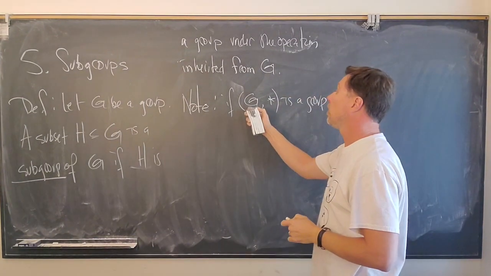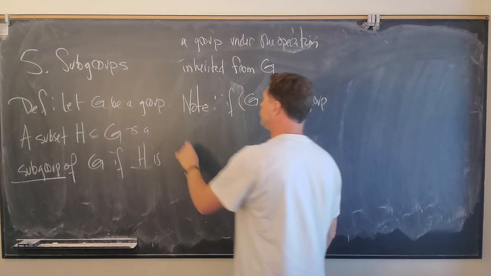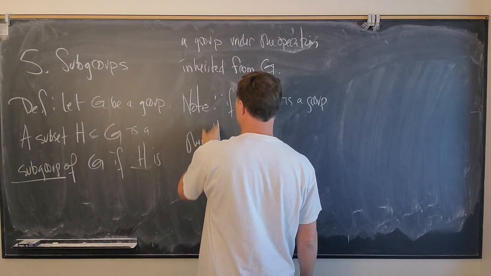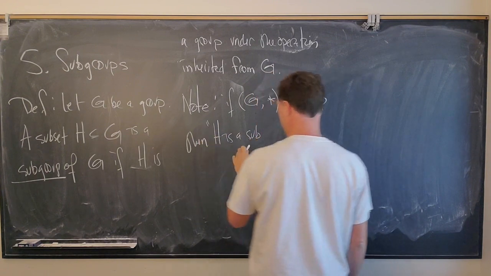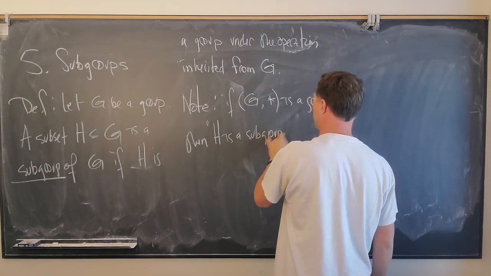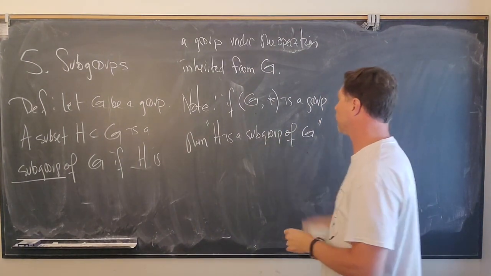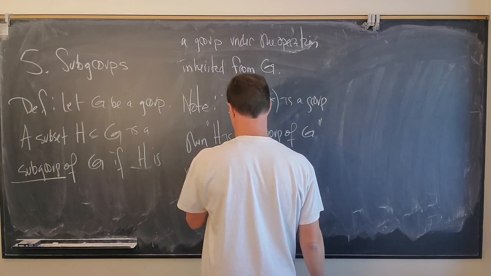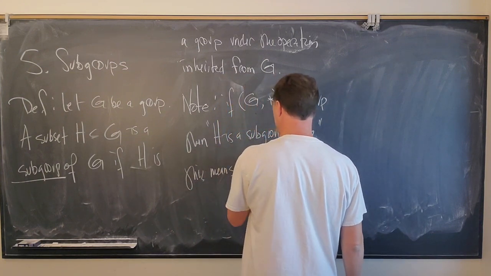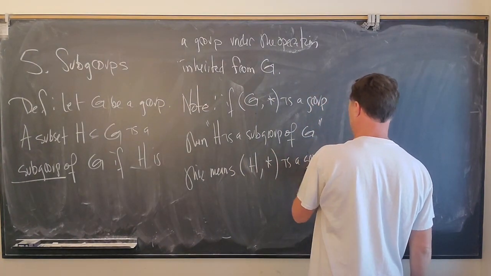So I want to say now we've got G with operation star is a group, then H is a subgroup of G. When you say these words right here, H is a subgroup of G, this means that H comma star is a group, right?